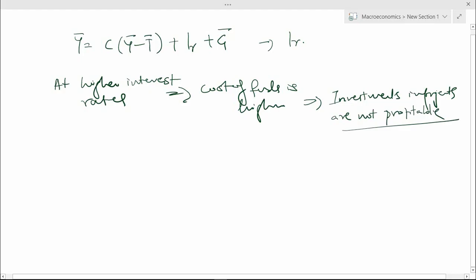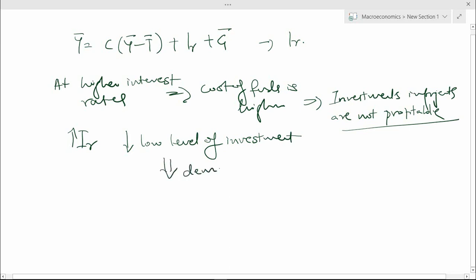Since we know this, let's understand what happens within the society. At higher interest rates, we have a low level of investment. When IR rises, we have a low level of investment, which means there is a low demand for goods and services.